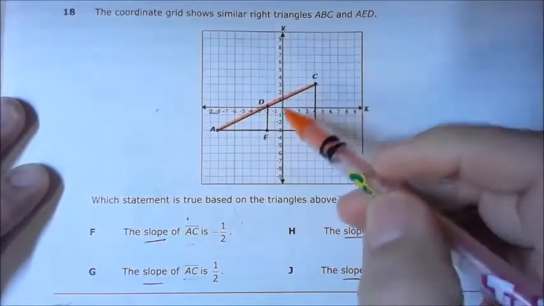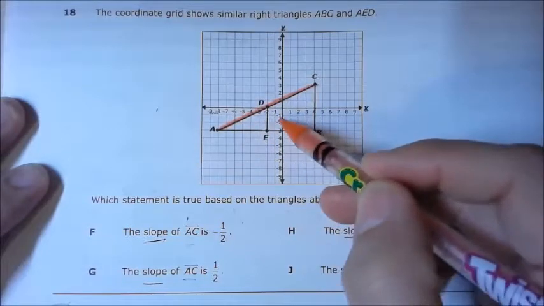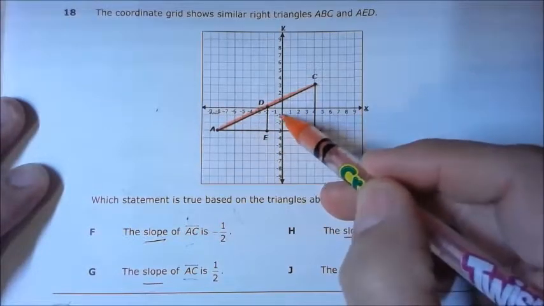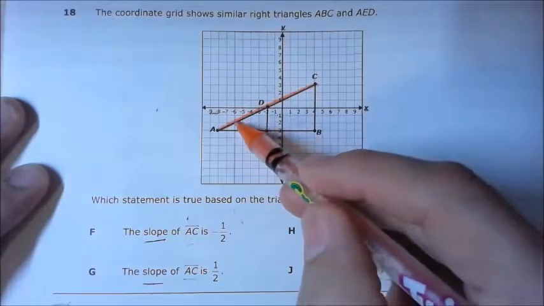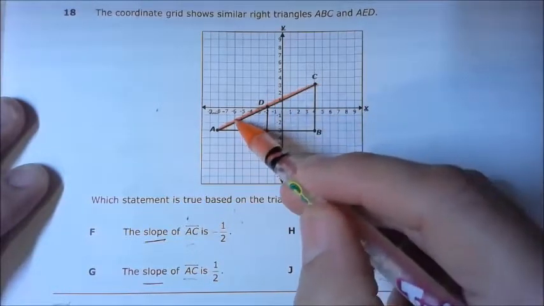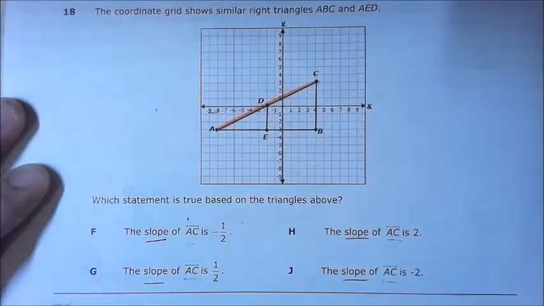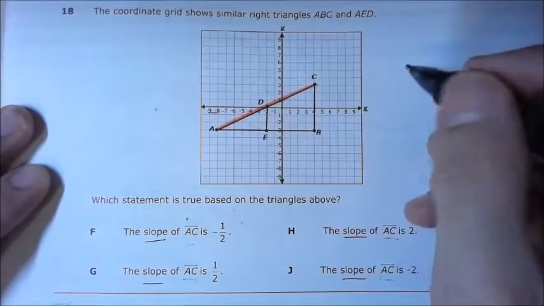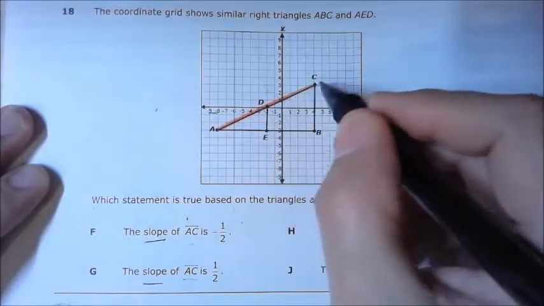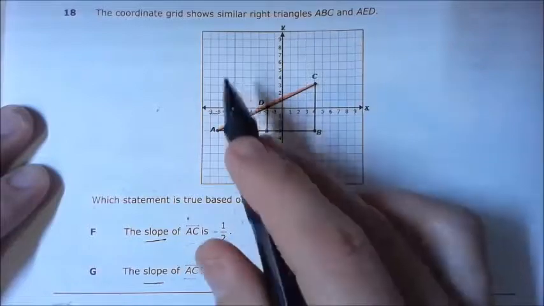Now one thing to keep in mind is that whenever you have similar right triangles and they're inside of one another, for instance, this is one and this is another, there's a bigger one that it's inside of, the hypotenuse on each one of those triangles are going to have the same slope because it's the same line. So just keep that in mind. I think there's a couple things that we can do real quick right off the bat to eliminate some answer choices. First of all, we can look at this line right here, the hypotenuse, and go, well, from left to right, is it going uphill or is it going downhill?